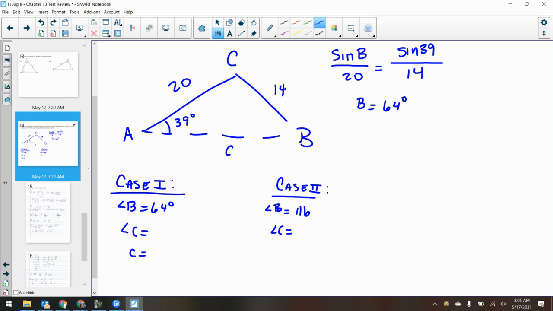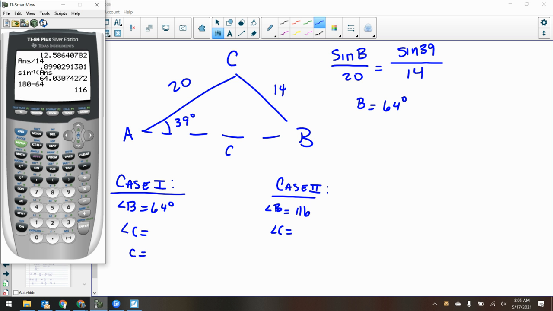Let's check to see if it exists by finding angle C. Right? Angle C determines whether the second case exists. If this comes out negative, it doesn't exist. So 180 minus 116 minus 39. Case 2 exists.